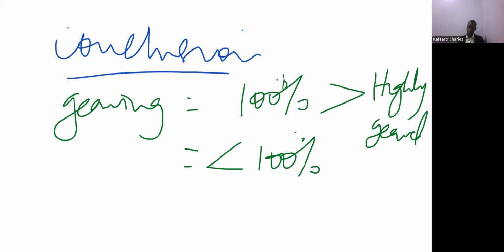Then it will be upon what the examiner brings that we shall focus on. But there are scenarios where the examiner might not give you the exact formula to use.